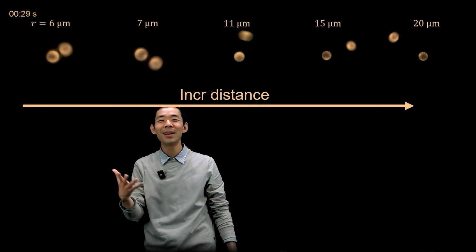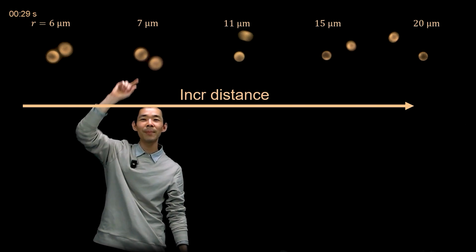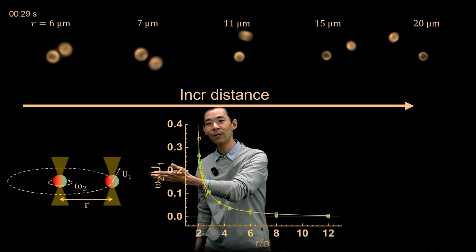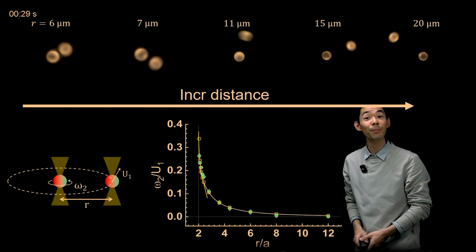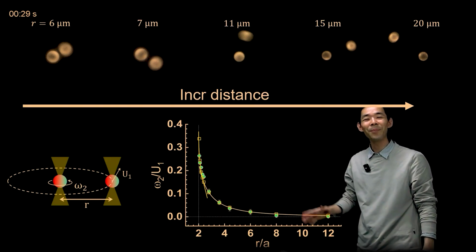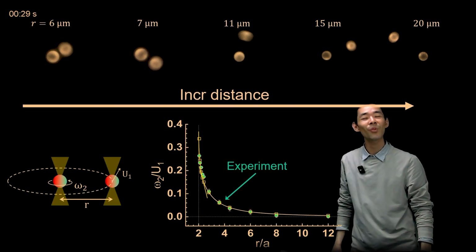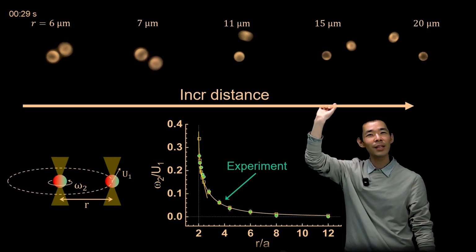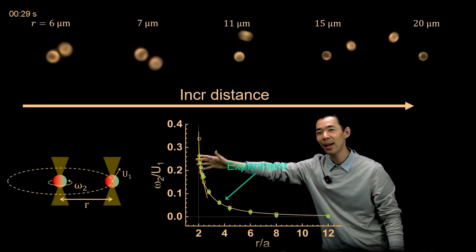So we can plot the angular velocity of the center colloid, normalized by the velocity of the translating particle, and plot that as a function of the separation distances. Now, the cyan color points you see here, those are direct experimental data coming from these movies. We literally go to these movies, measure the angular velocity, normalize it, and plot it.